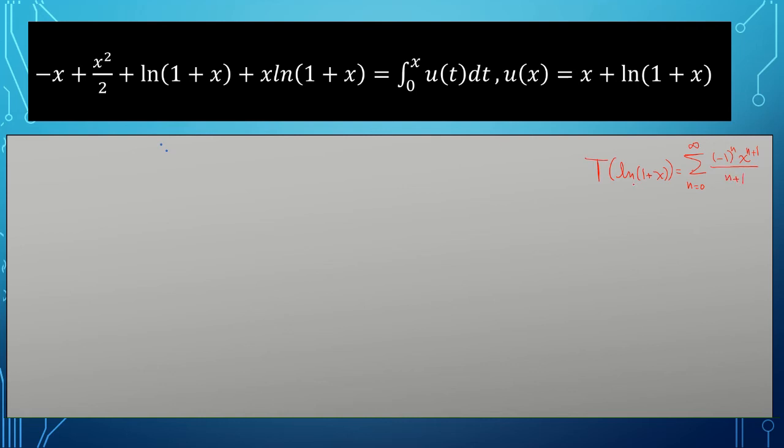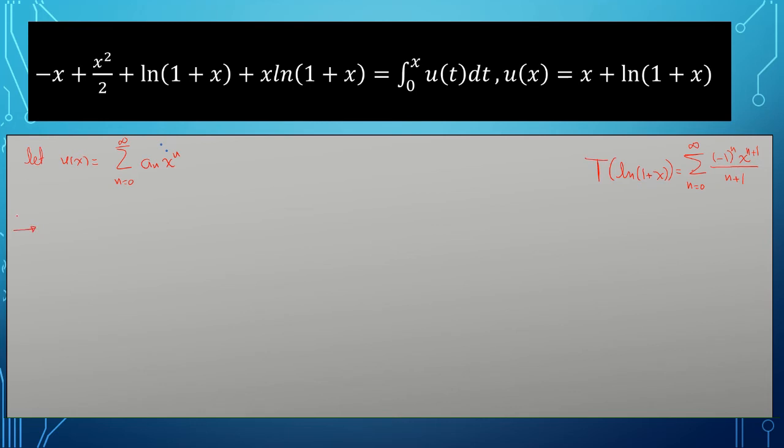Okay, and in this method we let u of x equal to the summation of an x to the n, where n is from 0 to infinity, as I said before.